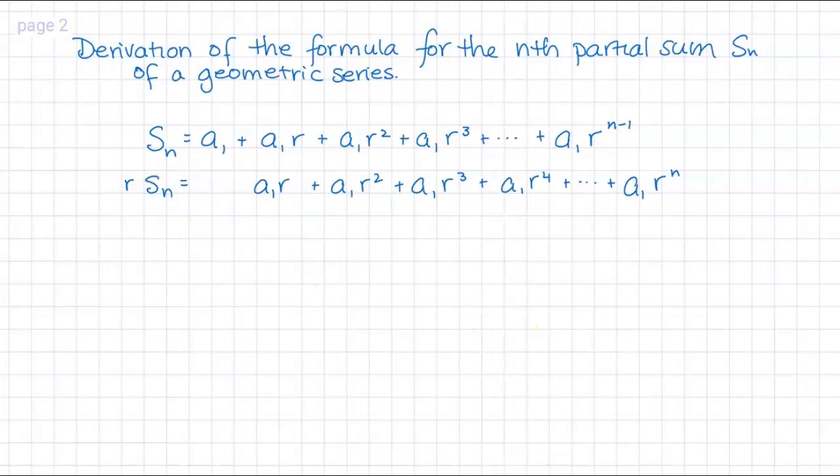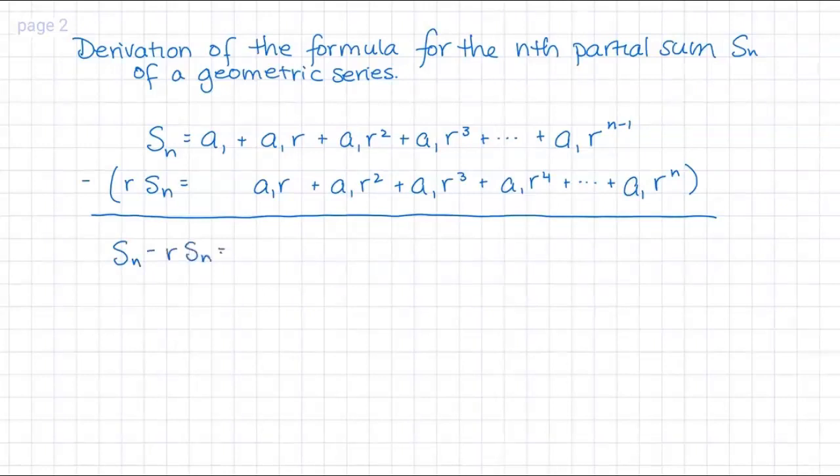By writing it this way, it looks like I have the same thing as above, but I just lost this. But really what I did is every single term got multiplied by r. And then I'm just lining up my like terms. So what I'm going to do is subtract the equations. On the left-hand side, we're going to have s sub n minus r s sub n.